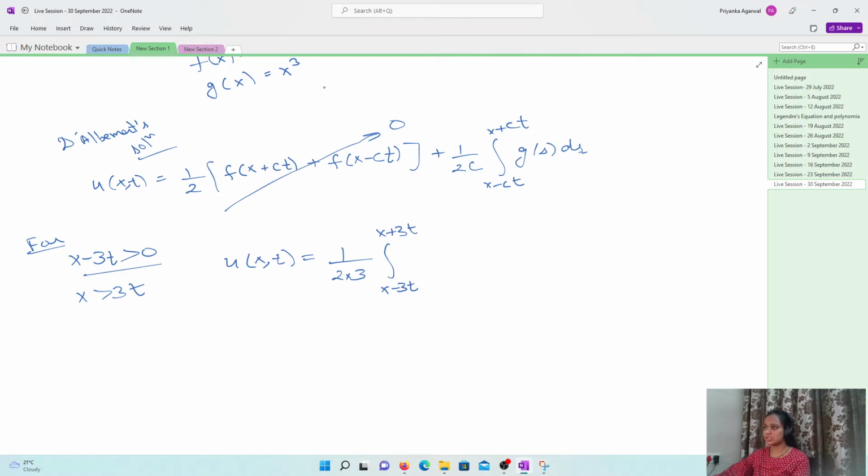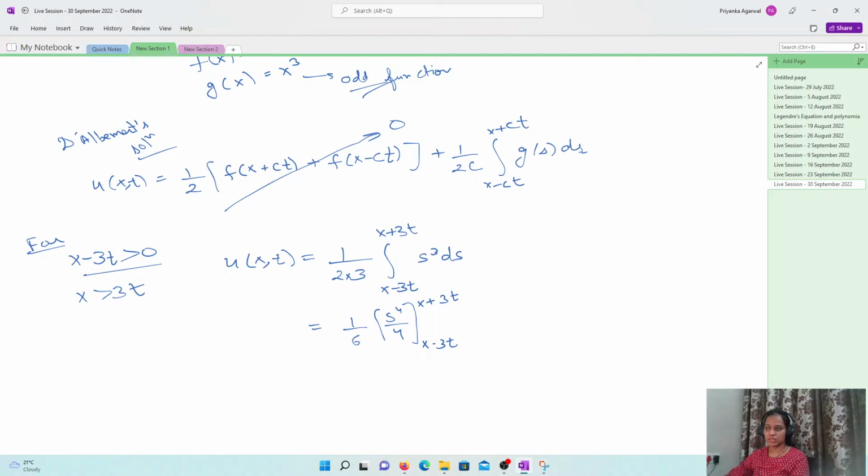Now you clearly see this is an odd function. Okay, so now this becomes s cube ds. If you solve it, this is 1 by 6, s to the power 4 by 4, and the limits are from x minus 3t to x plus 3t.